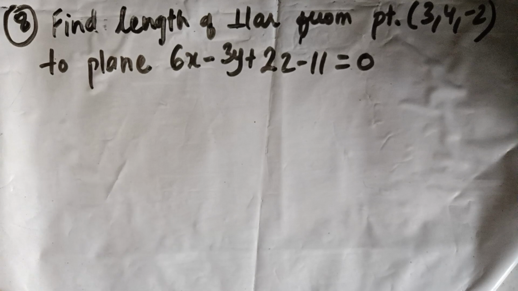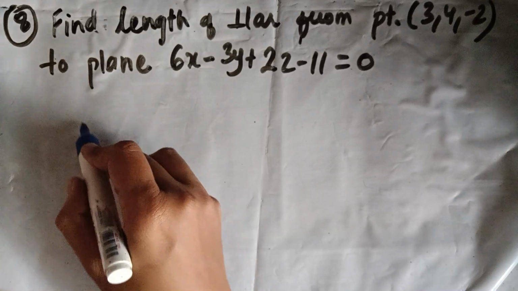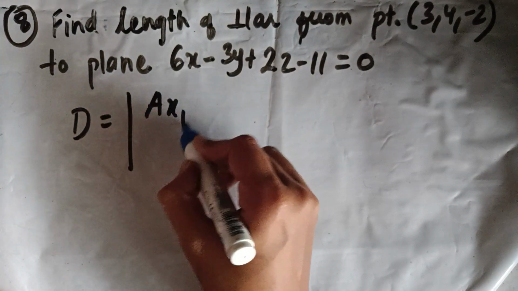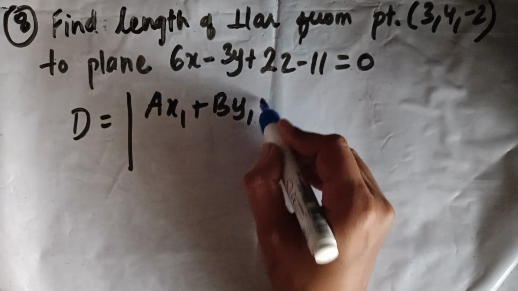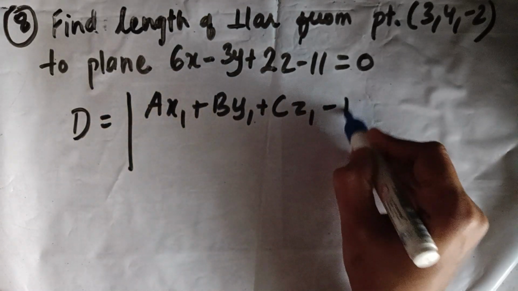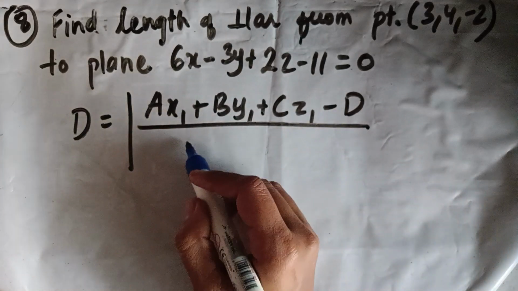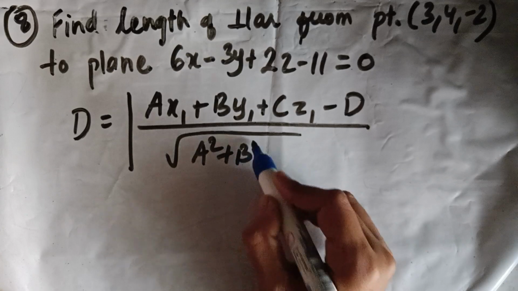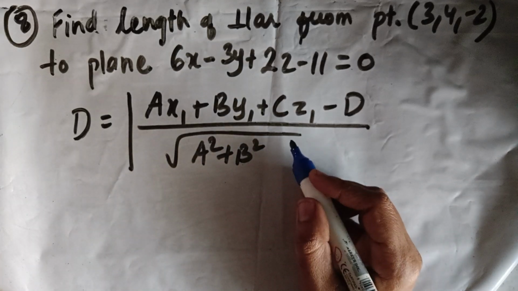So you have to find the length of the perpendicular from the point to the plane. So here you have to use the distance formula, that is, distance d equal to ax1 plus by1 plus cz1 minus d upon root of a square plus b square plus c square.